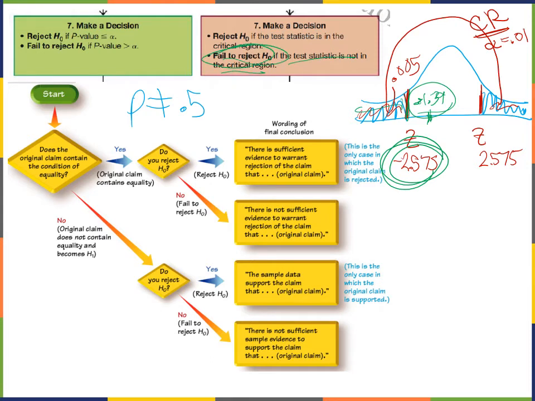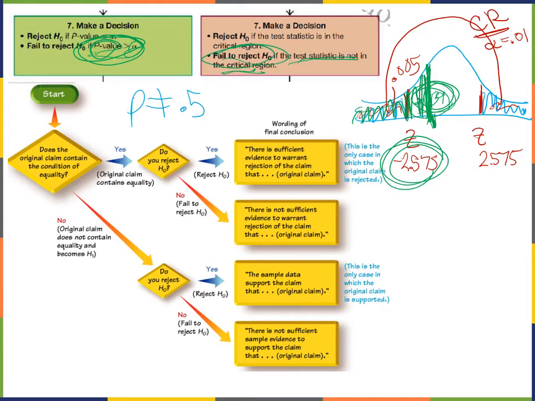Now, listen, this is doing the same thing. Over here, we said the p-value is bigger than alpha. The p-value is the area bounded by the test statistic. This is your test statistic. This is where it sits. Of course, this area is going to be bigger than the critical region's area because of where the test statistic falls. Since the test statistic is not in the critical region, the p-value would be bigger than alpha.